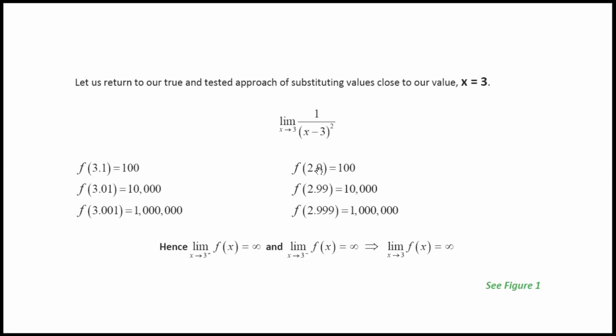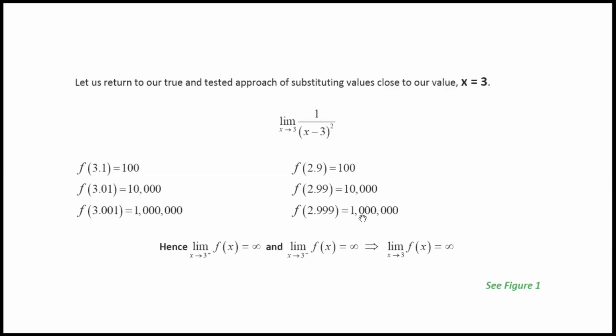When you pick a number to the left of 3, say 2.9, and substitute that in, 2.9 minus 3 is negative 0.1, negative 1/10. But when you square negative 1/10, you're going to get positive 1 over 100. And when you invert and multiply, you'll get 100. And likewise for 2.99, you're going to get 10,000, and 2.999 is going to give you 1 million.